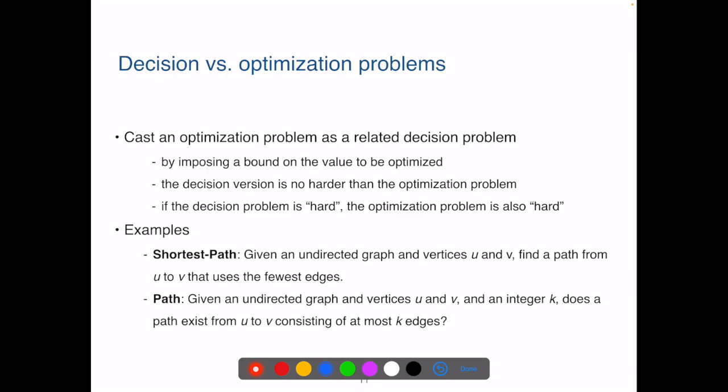We can impose a bound on the value to be optimized in order to convert an optimization problem into a related decision problem. We also know that the decision version of the optimization problem is not harder than the original problem, since we can solve the decision problem by solving the optimization problem.